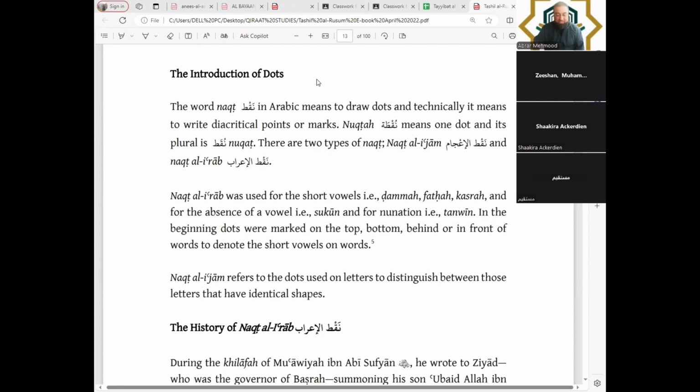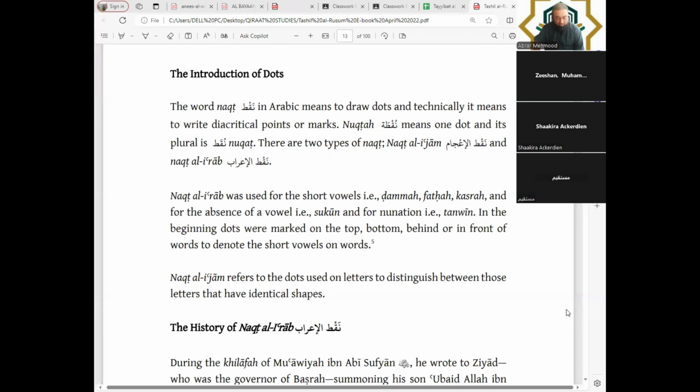Bismillahirrahmanirrahim. The introduction of dots. The word naqt in Arabic means to draw dots, and technically it means to write diacritical points or marks. Nukta means one dot, and its plural is nukat. There are two types of naqt, naqt al-i'jam and naqt al-i'rab.